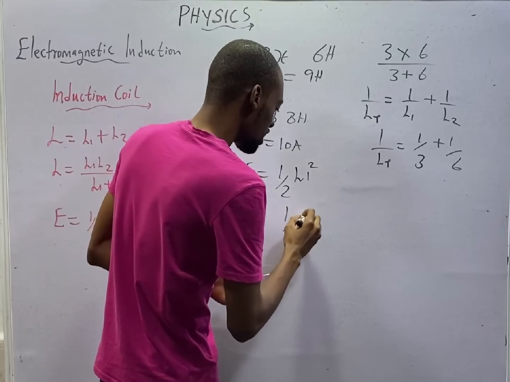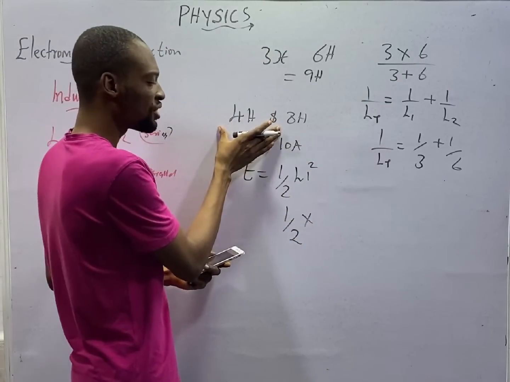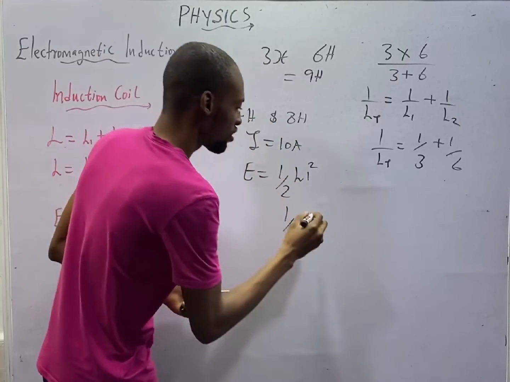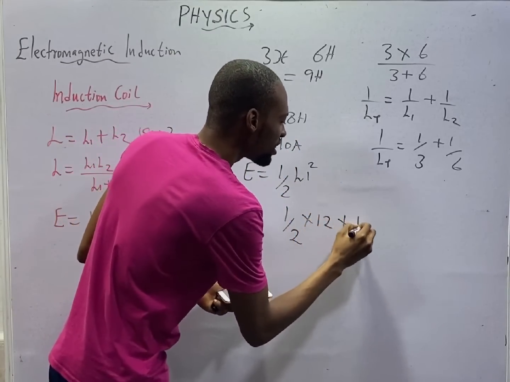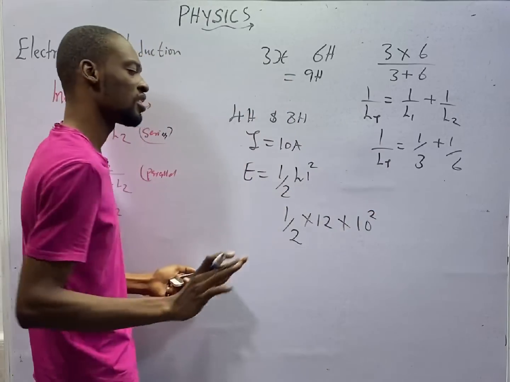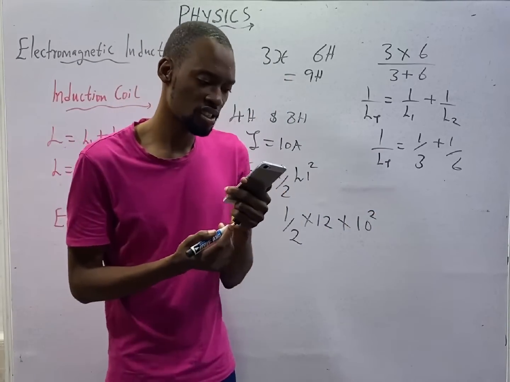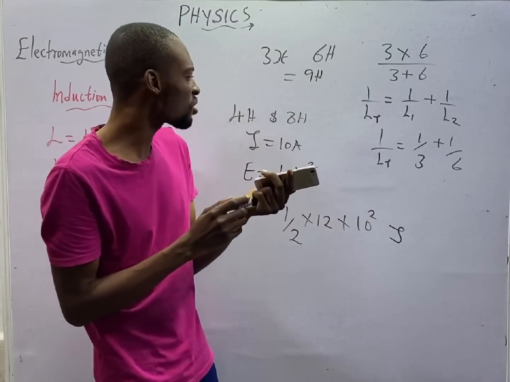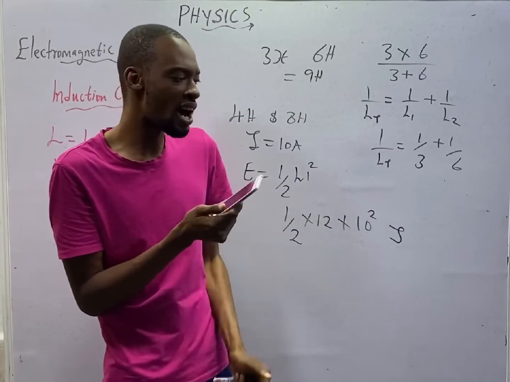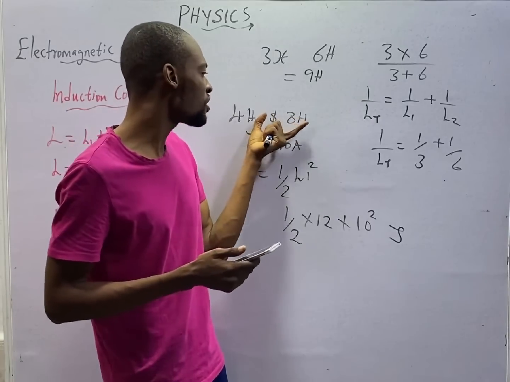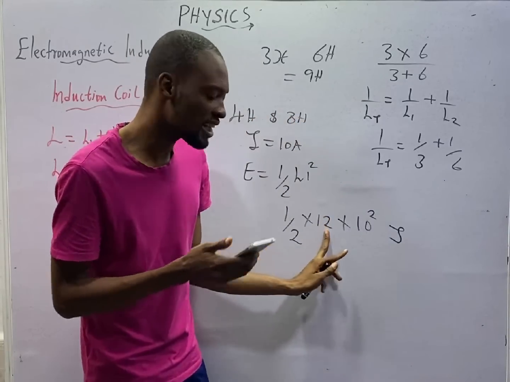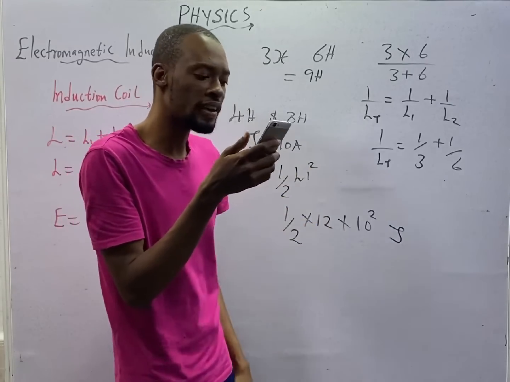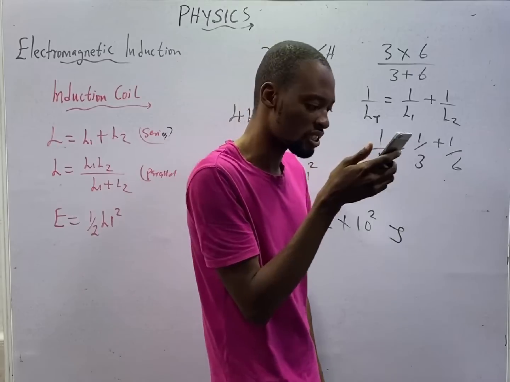That is half times, the inductors are in series, so inductance will be 8 plus 4, that is 12, times current 10 squared. And the energy is in joules. If we are told that the inductors are arranged in parallel, you resolve these two in parallel, and that will be your value instead of 12. Parallel will give you a lower value of the inductance.